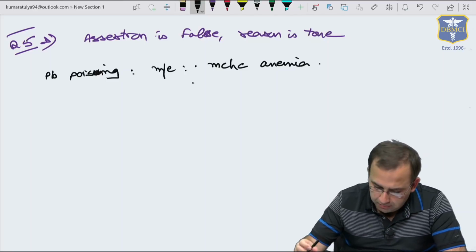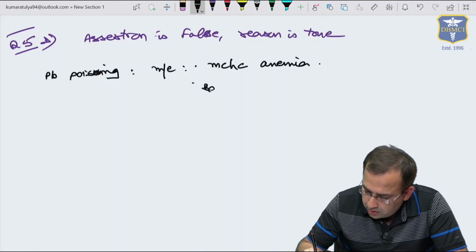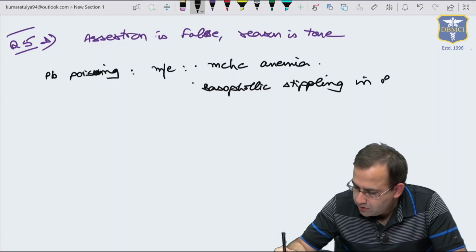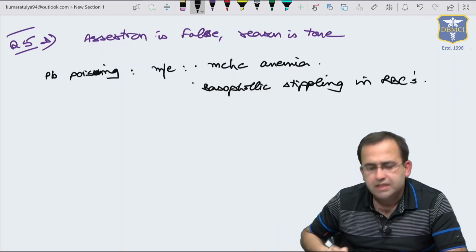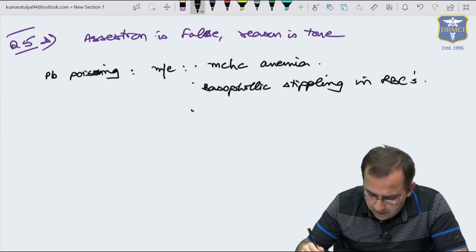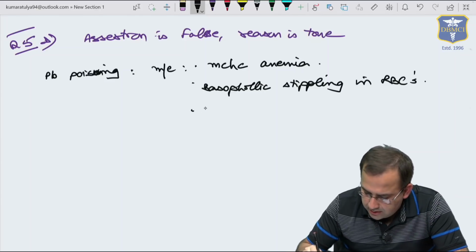Next, it is also associated with basophilic stippling in RBCs. We have seen this numerous times, what the microscopy looks like. Next, it increases the bone density.